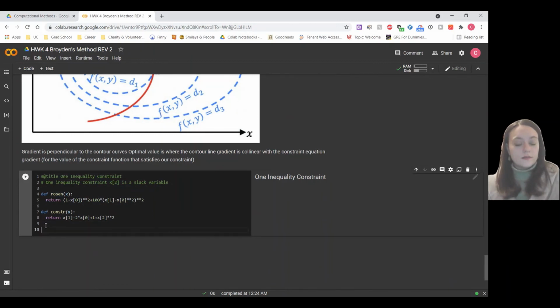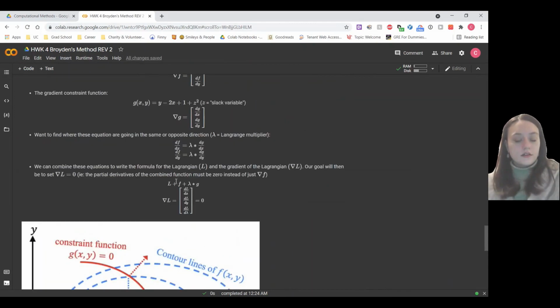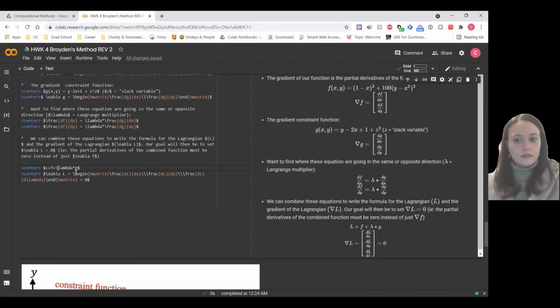And finally, do our function for our Lagrangian. So for this, just realizing, I think that this maybe actually is supposed to be a minus sign.